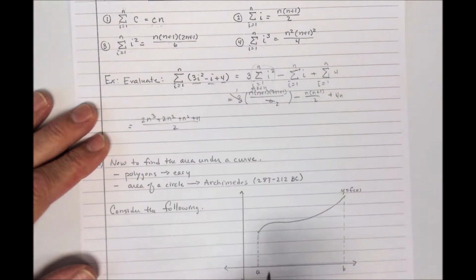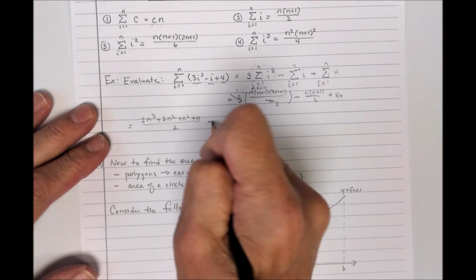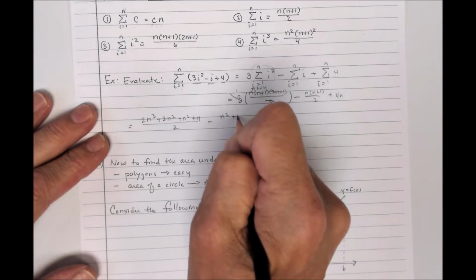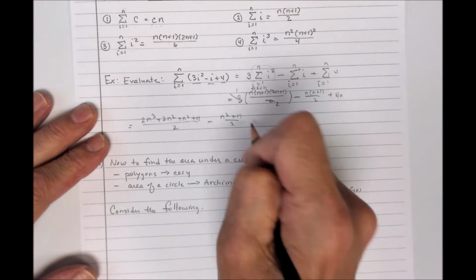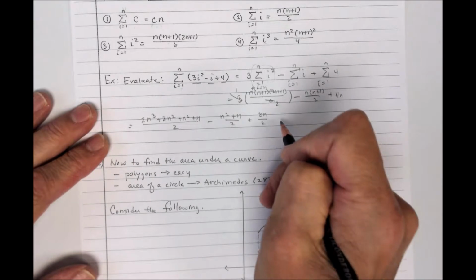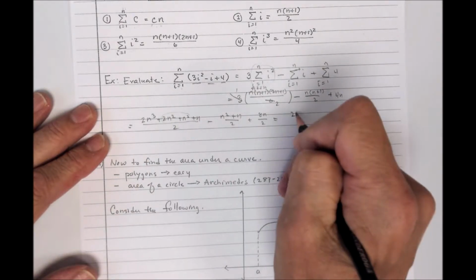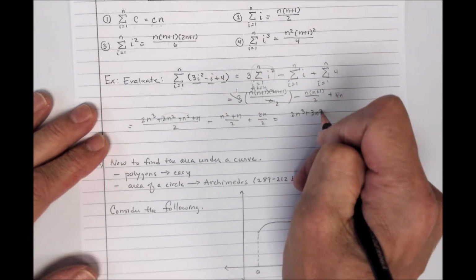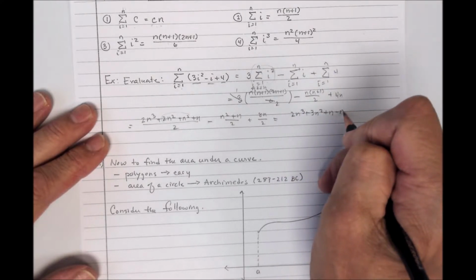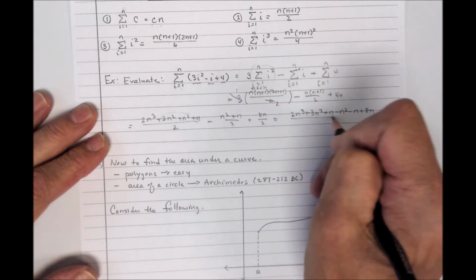I hope I did that right. Over here, this is going to be minus n squared plus n all over 2. And then, of course, this is 8n all over 2, getting a common denominator. So I have, these are like terms. I have 2n to the third plus 3n to the second plus n minus n squared minus n plus 8n, all divided by 2. What a mess.